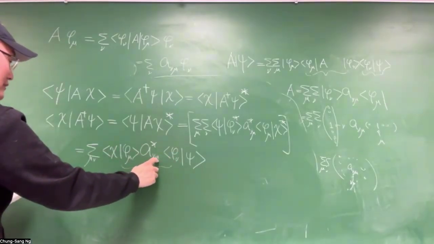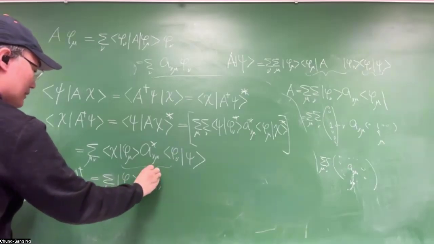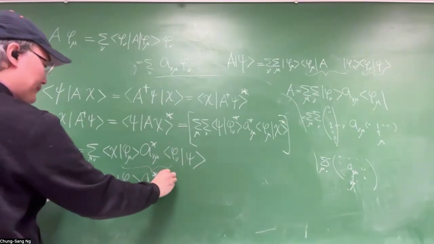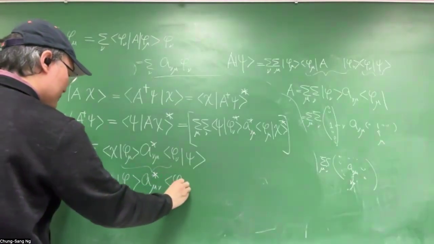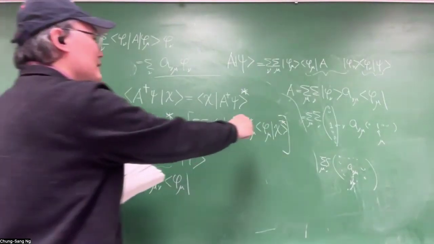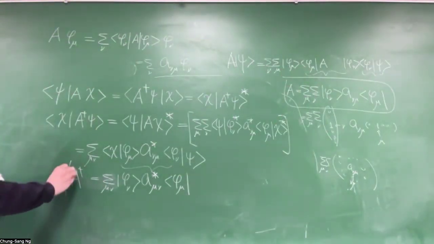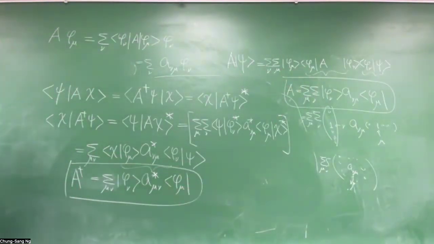Then you interchange this position. So A is given by that, and A dagger is given by that.